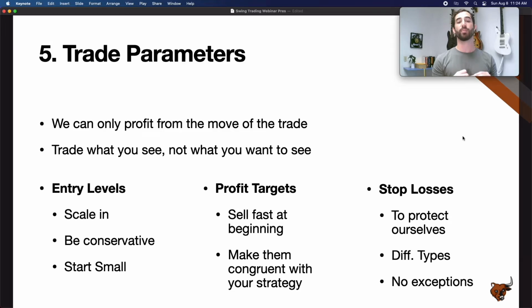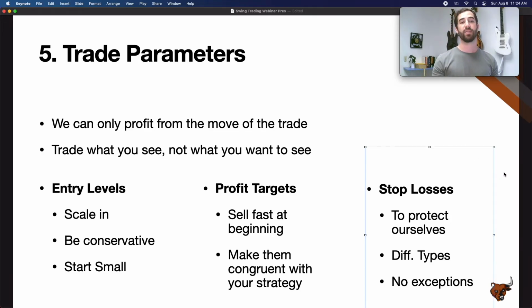You have stop limit orders, where when the price goes down to a certain level, a limit order is triggered. You have trailing stop orders, where if it goes down X percentage, or X amount of dollars, it is triggered. Those are typically used to protect profits. But just do a quick Google search, learn about the different types, and start experimenting to see which one fits best with your personality and your strategy.